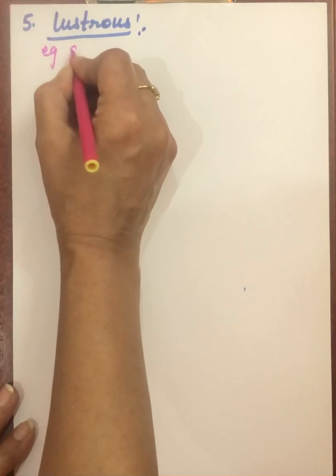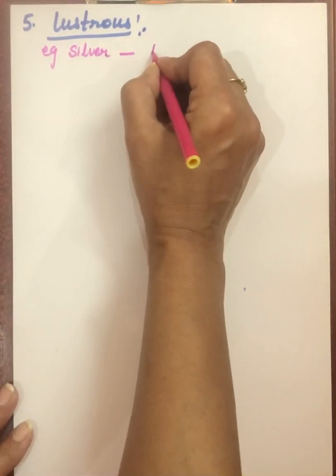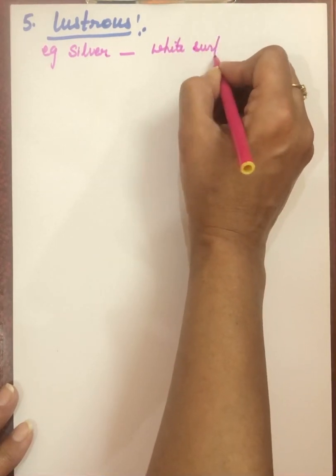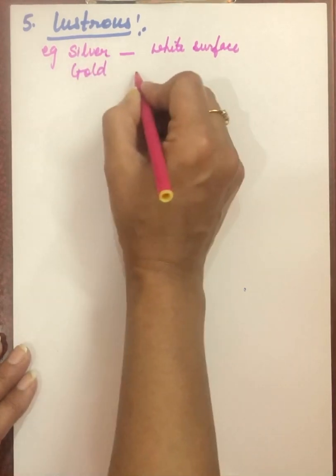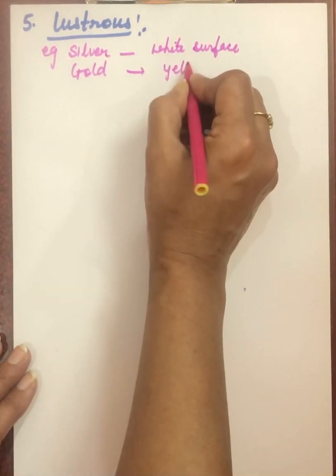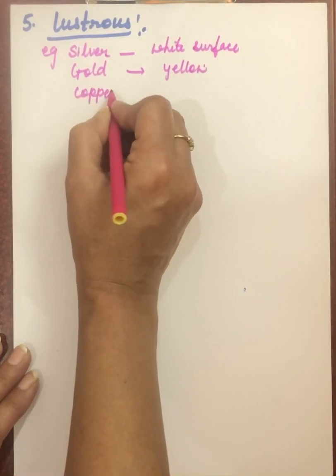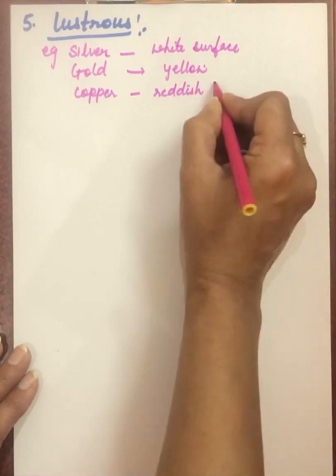Example, silver. It has a shiny white surface. Gold has a shiny yellow surface. Copper has a shiny reddish brown color.